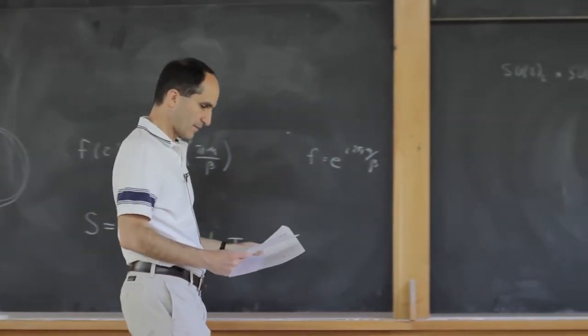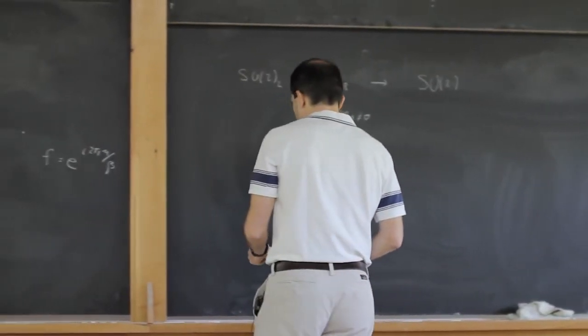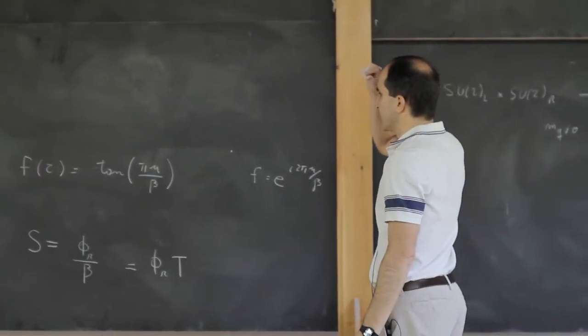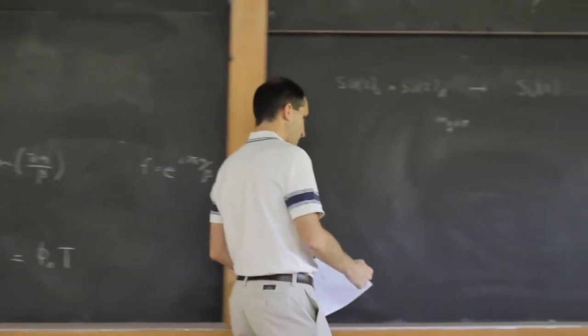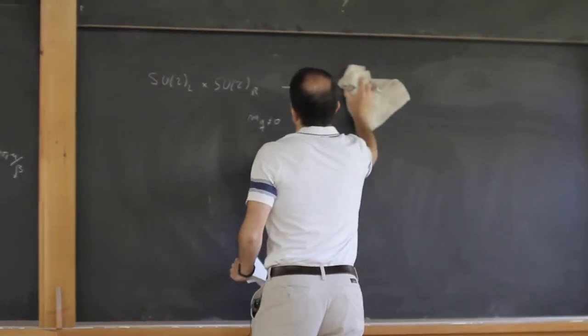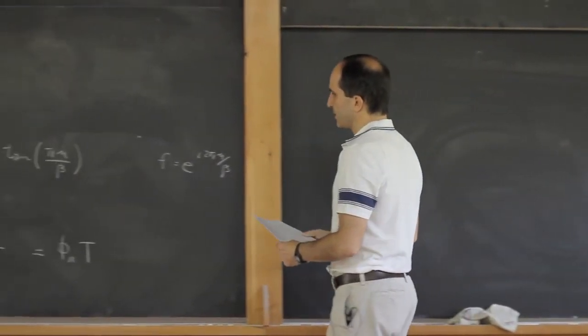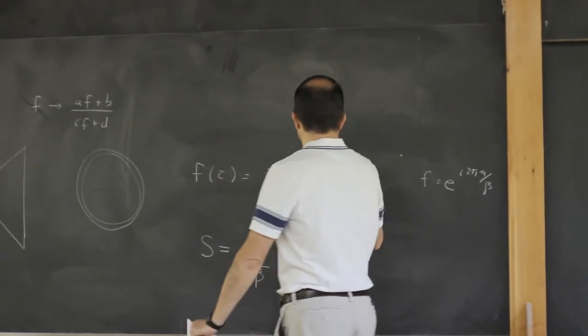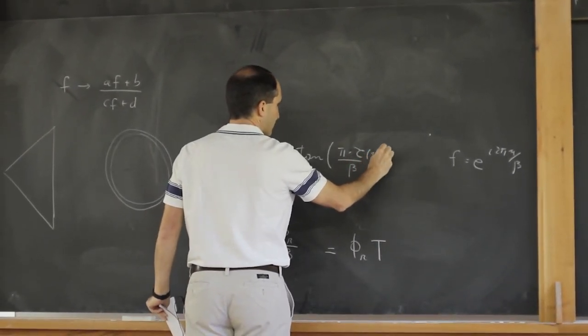Okay. So let me discuss a little bit more explicitly the point I made about the ghosts just a moment ago. So we looked at this tangent of u, but here we could change this slightly and put this tau of u.